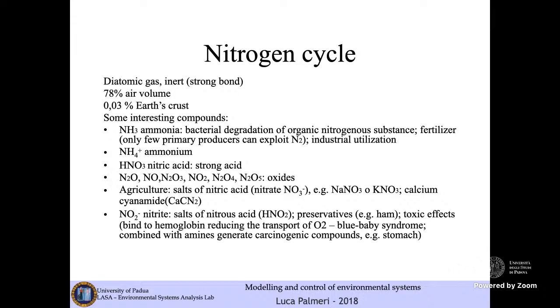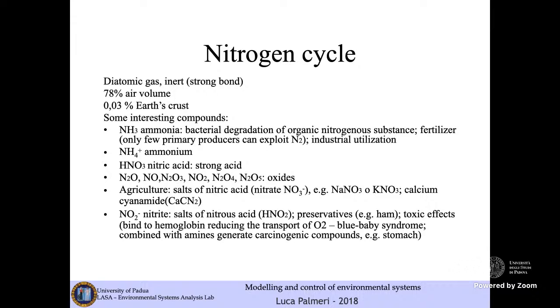Nitrogen is relevant because it constitutes the largest part of the air volume, 78%. It may be found in a significant quantity in other forms in the Earth crust, but very much less compared to the air. 0.03% of nitrogen is in the Earth crust.